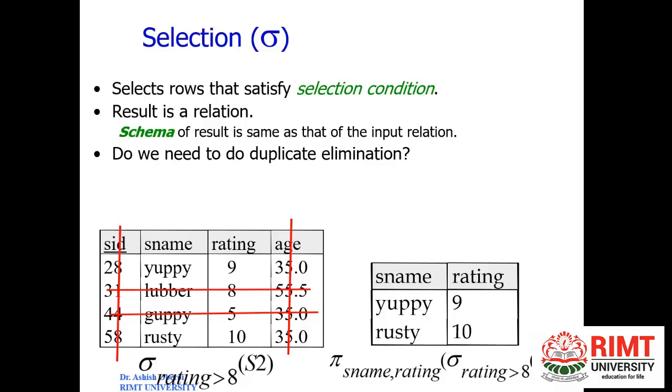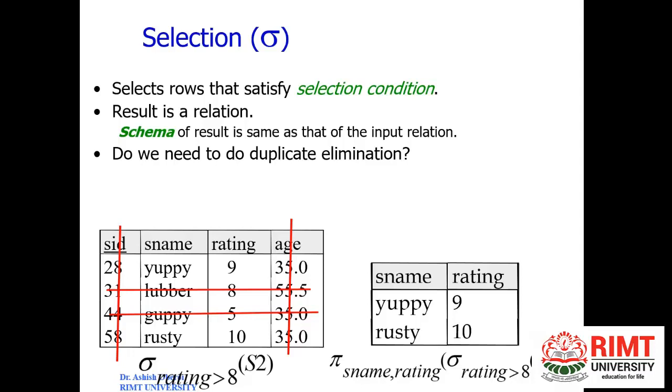So first of all we are doing the inner query solution. It means you will get this type of record: 28 Yuppie 9 35, 58 Rusty 10 35. This will be the result of the inner query. Clear? Then we will apply S name and rating, because I already told you that we apply operations on relations and the output is a relation.